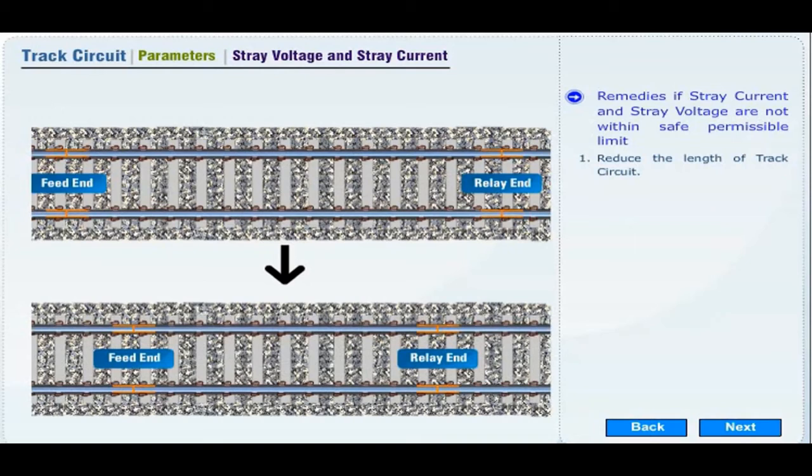Remedies if stray current and stray voltage are not within safe permissible limits. Reduce the length of the track circuit.